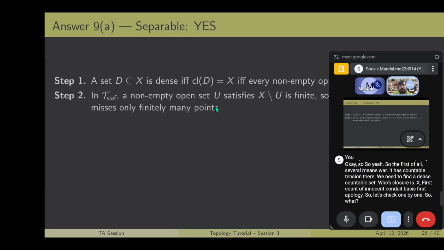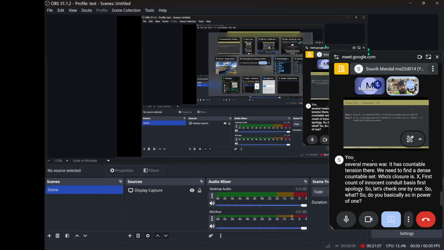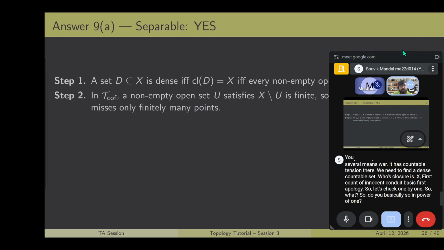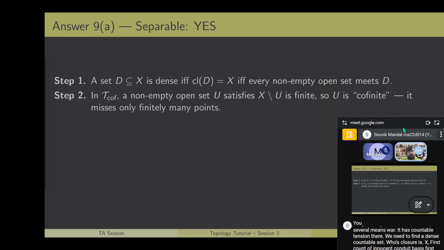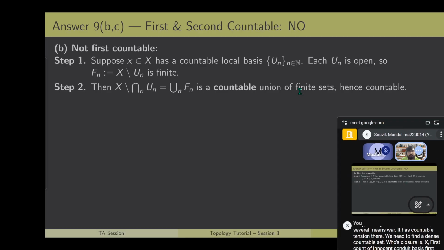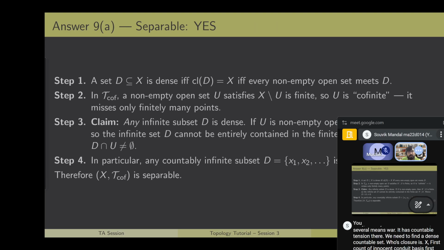So in tau, U is open if X minus U is finite. So U is cofinite, so it misses only finitely many points, right?